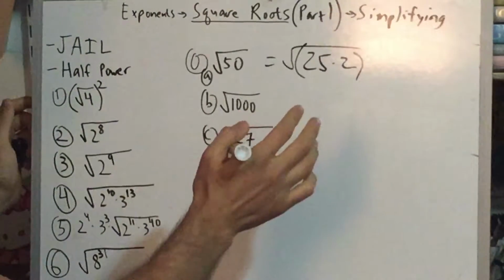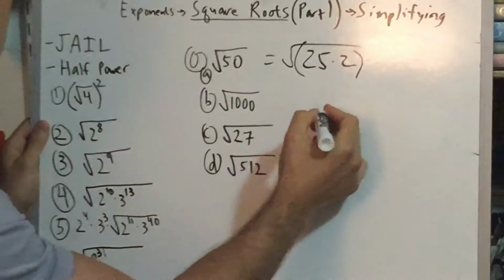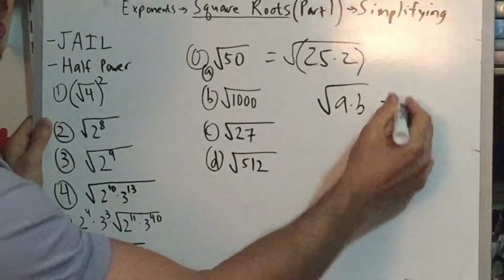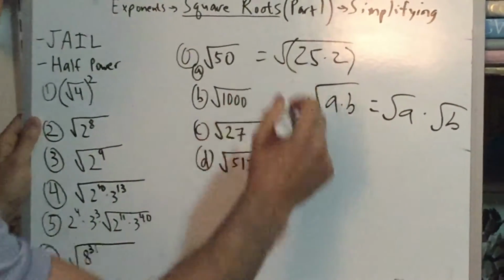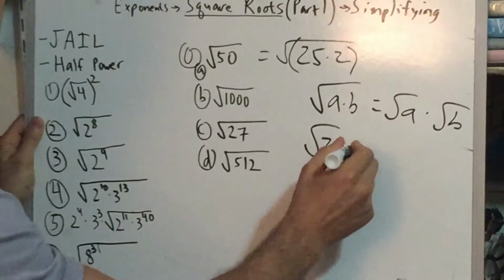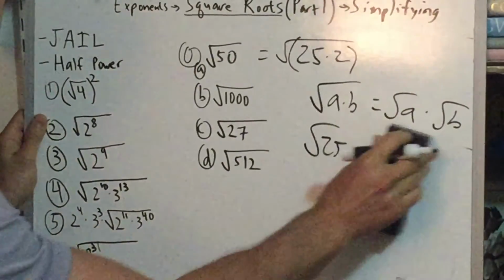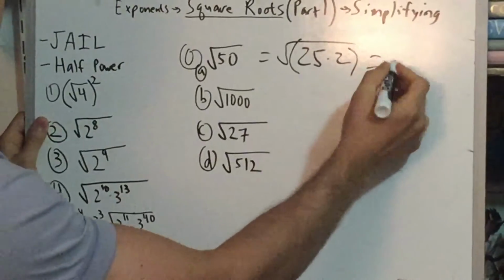Now, one of the things you're allowed to do with square roots is break one square root, such as this, which is a times b, into 2 square roots. So in other words, you can split this into the square root of 25 times the square root of 2. So why do we want to do that? Because the square root of 25 is 5.